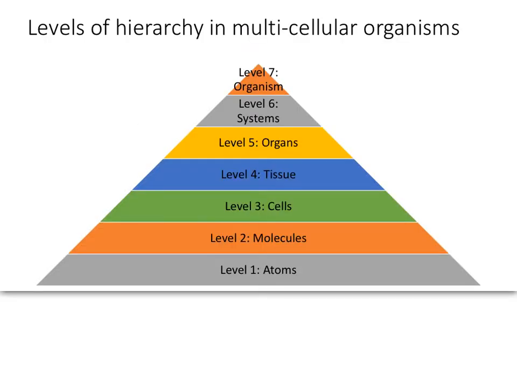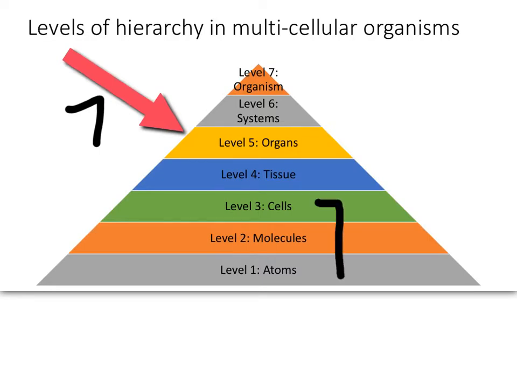Alright, so this is pretty much a review of what we talked about last class. We know that there's different levels of hierarchy, and we see in this image we have 7 key levels. Last class we talked in depth about the first 3 levels, and we were starting level number 4.